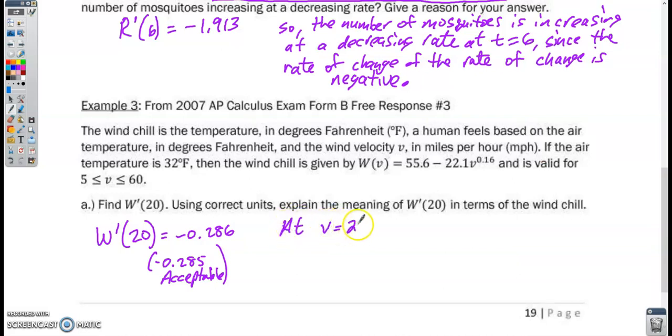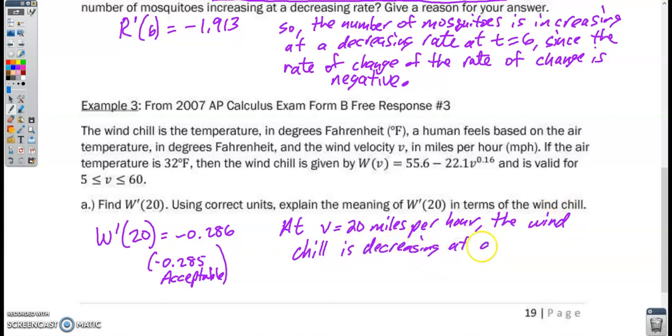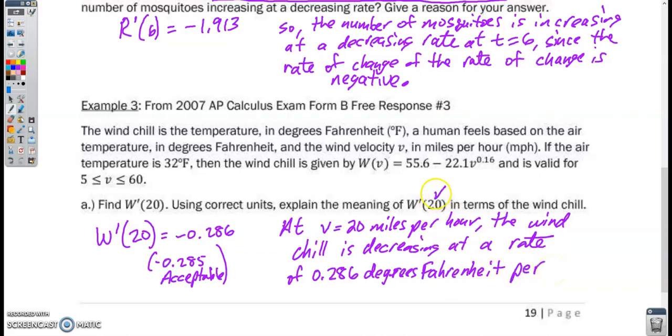So at v equals 20 miles per hour, the wind chill is decreasing, and this is where it gets tricky, at a rate of, and now I need my units to be correct, a rate of 0.286 degrees Fahrenheit per, and this variable, the 20, is not a time value, it is a wind speed value, per mile per hour of wind speed. All right, and there's our explanation.